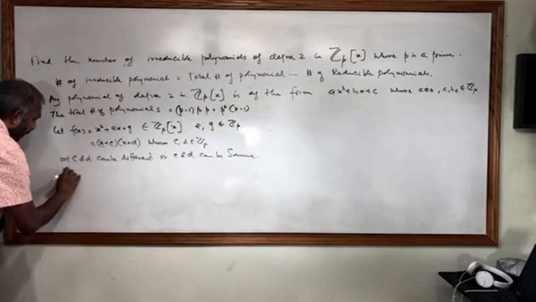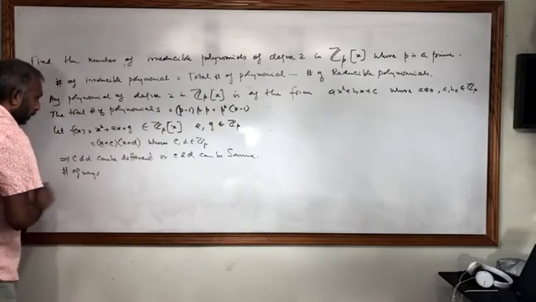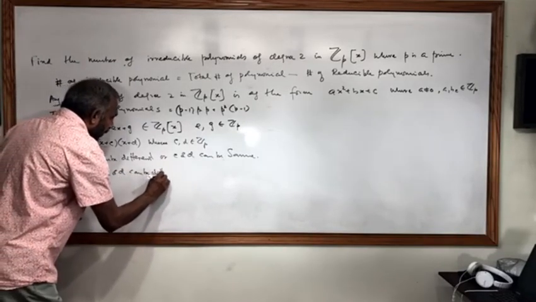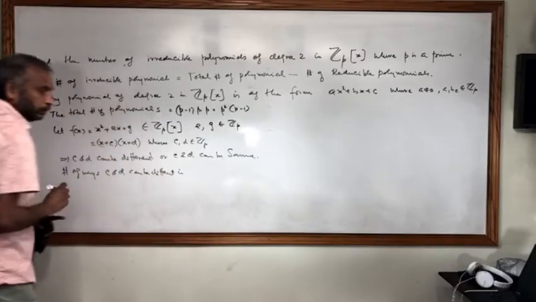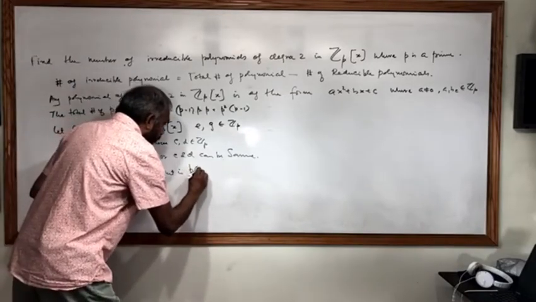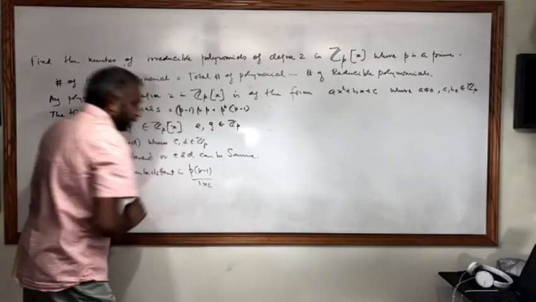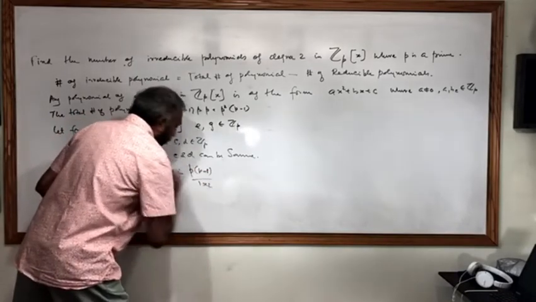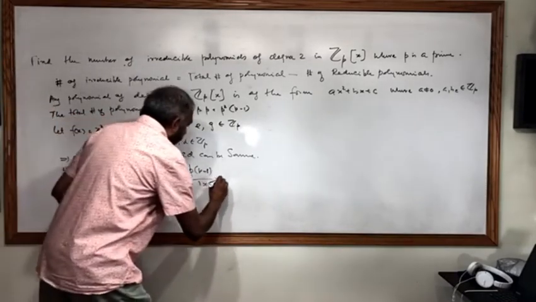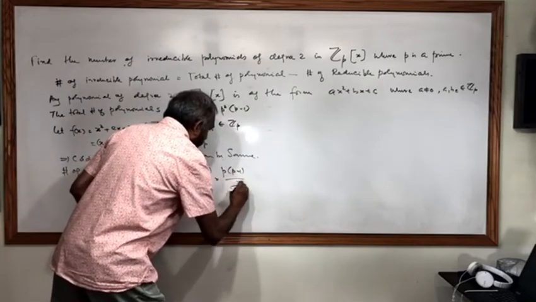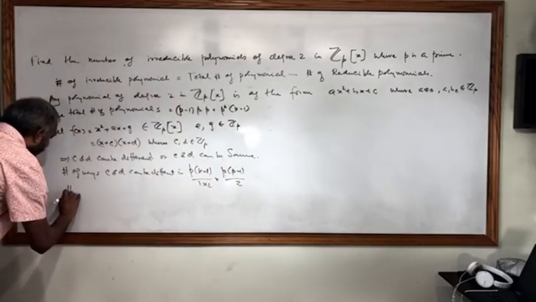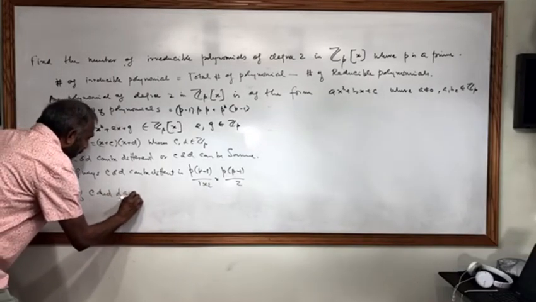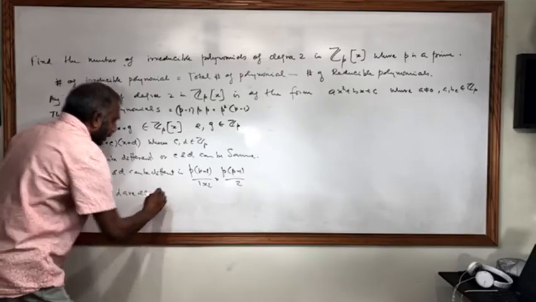The number of ways c and d can be different is p times (p minus 1) by 2, using the combinations. The number of times c and d are equal is equal to p.